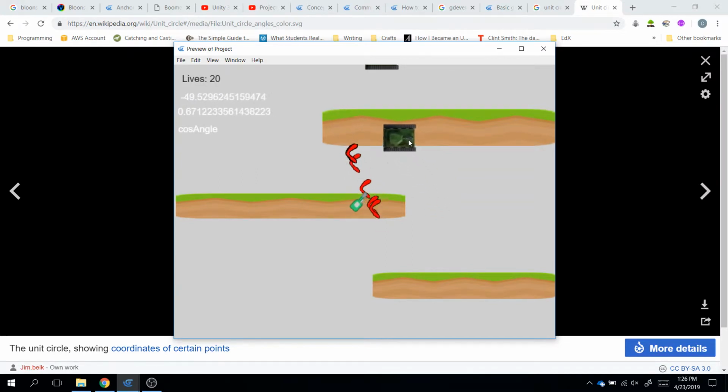And why is my sine of my angle changing so drastically? It should now just be approaching negative 1 or 1, and it should now be 0. But for some reason it's this number very close to negative 1.